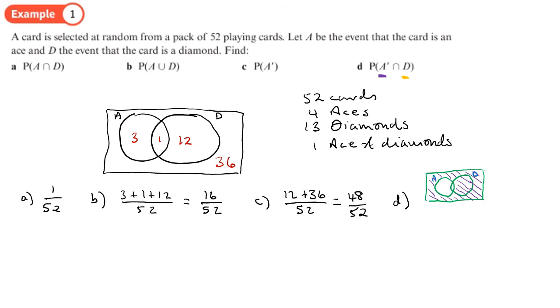Now I'm going to shade all the stuff that's in D, a little bit outside of D. And because I have this intersect symbol here, I am looking for the stuff where I've shaded in both directions.